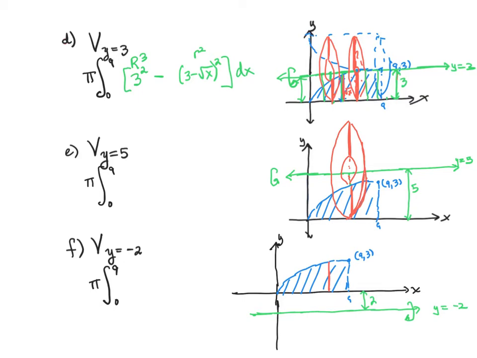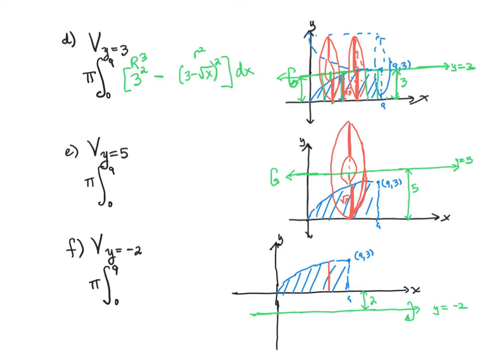I'll do this in red again. So the distance from the function to the x-axis is still root x. Okay, this height is still root x. But the distance from the axis of revolution to the x-axis is 5.